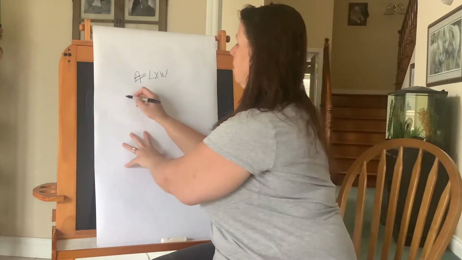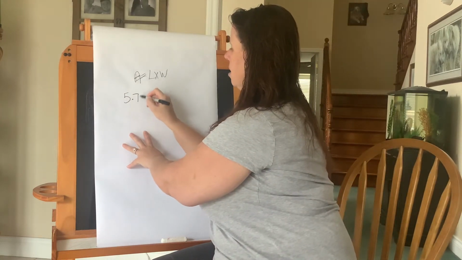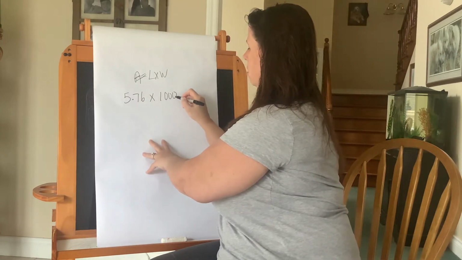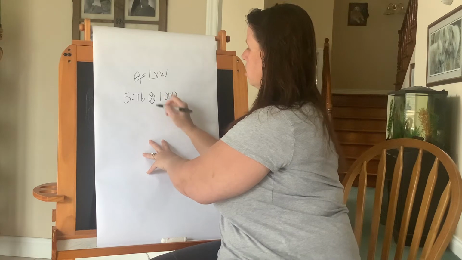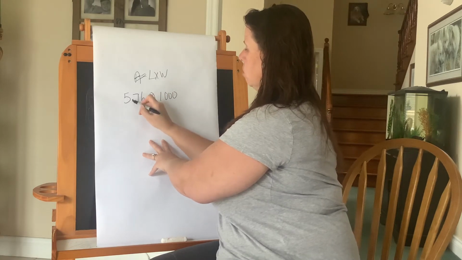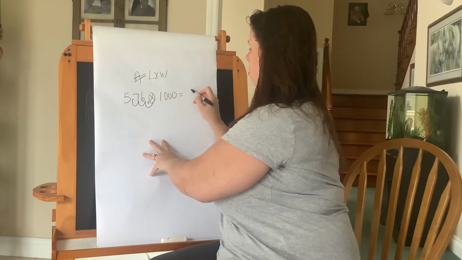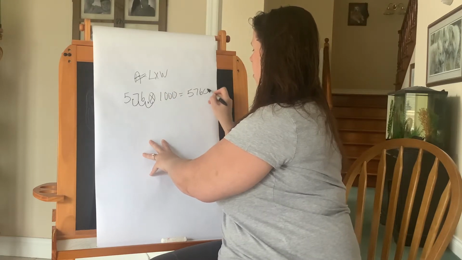Remember, so if I have a number like 5.76 times 1,000, I count the zeros, 1, 2, 3, it's times, so my number's gonna get bigger. So I go 1, 2, 3, then I have to add a 0 there. So it'd be 5,760.